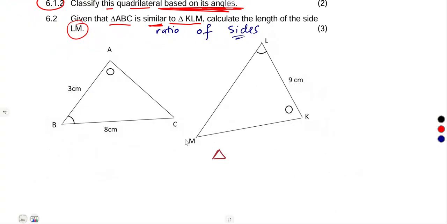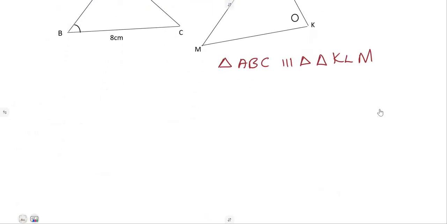They said what? ABC. So triangle ABC is similar to which triangle? Triangle KLM. So let's form the ratio of sides so that we can determine the length of LM by the correct or the best ratio. So that's AB over what?